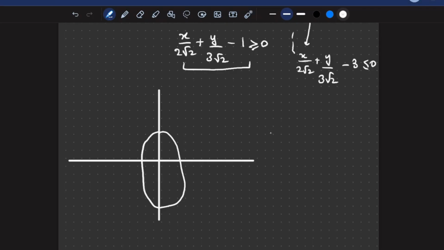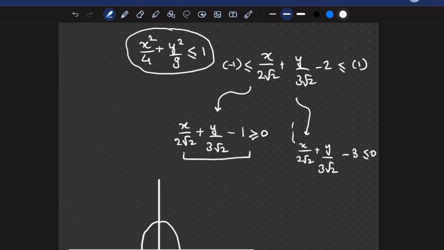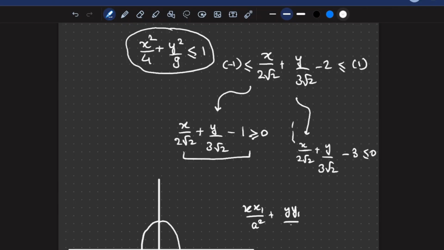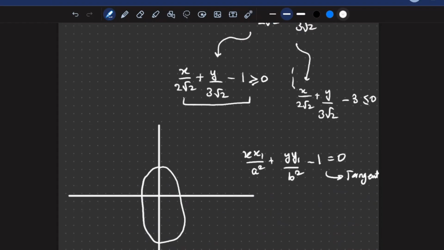How do you find the equation of the tangent of an ellipse? It's something like x1 by a square plus y1 by b square minus 1 is equal to 0 form. This form only you get for a tangent. So I tried to compare it with this form and test whether the point lies on the ellipse or not, and it worked.